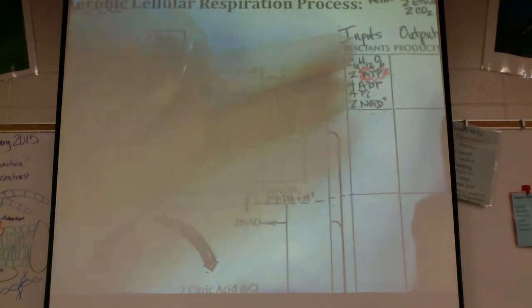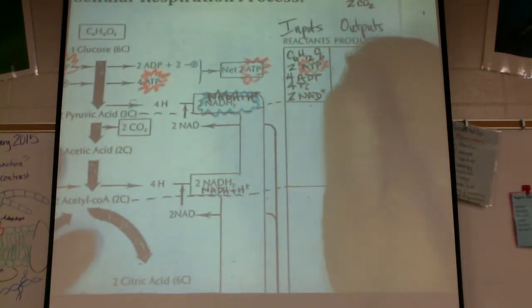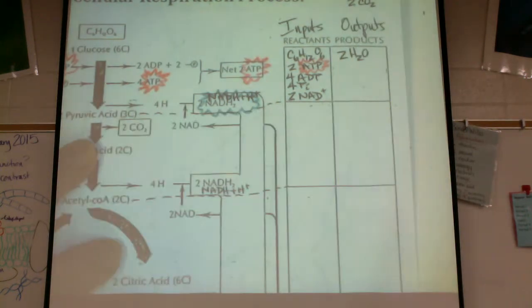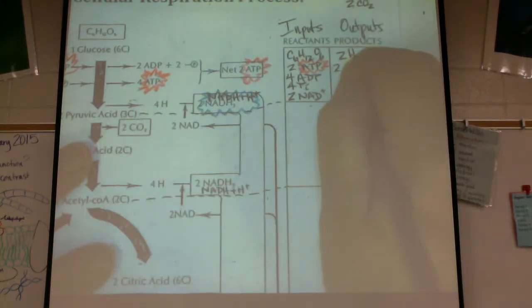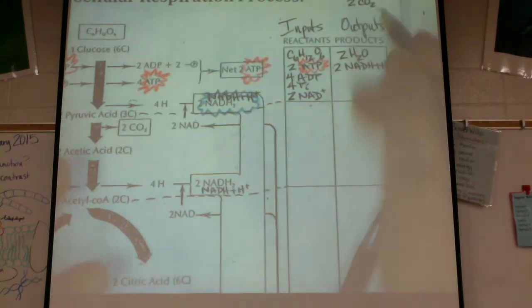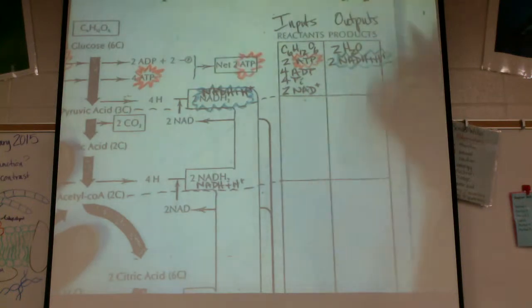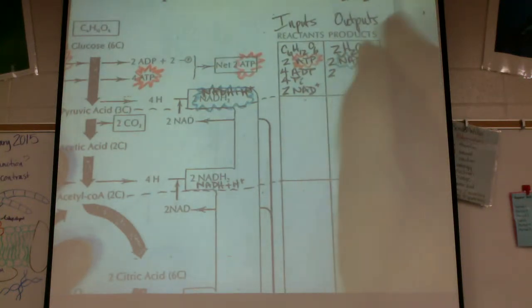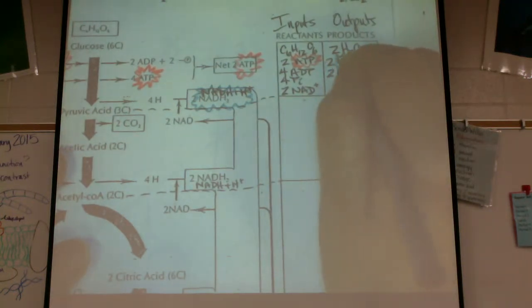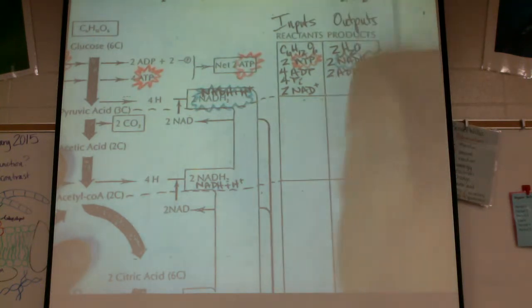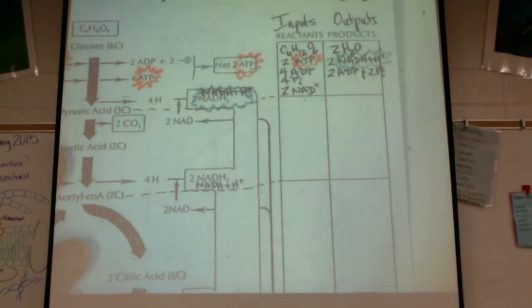What comes out over here is that you're going to get some water out of this. It's not pictured on here, but you're going to get 2 water molecules coming out of this process. You're going to get 2 of those NADH plus H pluses out of that process. You're going to get 2 ADPs and, I'm running low on space, so I'm going to say and 2 Pis, right?